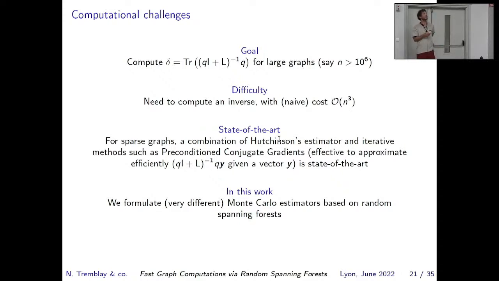So the state of the art is a combination of Hutchinson's estimator and iterative methods such as preconditioned conjugate gradient methods. I'm going to talk about this briefly at one point in the presentation. And in this work, the originality is to present Monte Carlo estimators that are very different in spirit from the state of the art.